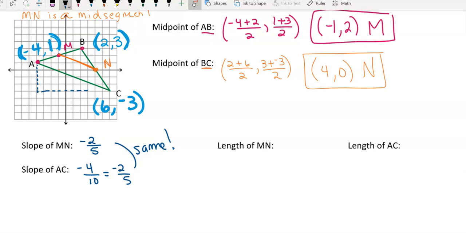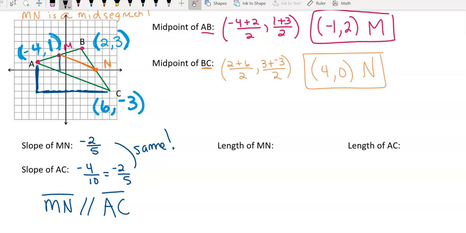So down underneath this, I want you to write MN is parallel to AC. Do you find the slope by drawing that little dotted line? Yes, I just did. This is the rise, and this is the run. It's a lot like what we do for the Pythagorean theorem.